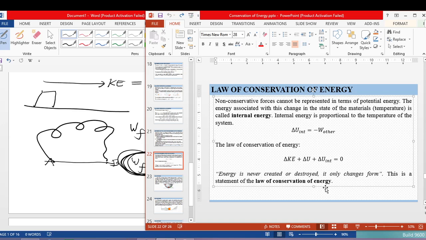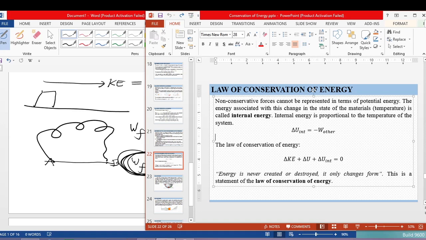But anyway, the law of conservation of energy states that the total energy of the system is equal to zero, meaning that energy is never created or destroyed, but it can only change from one form to another. Okay? You know the mechanism of having light, right?